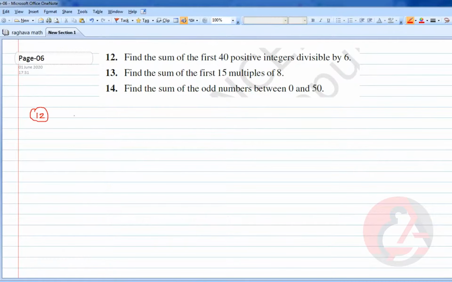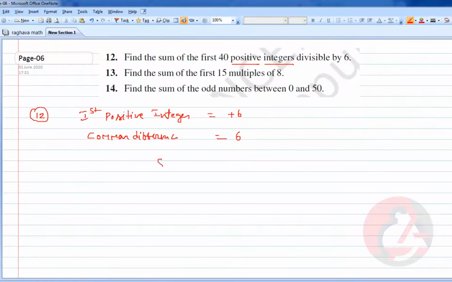First positive integer divisible by 6. 6, sir. Correct. Next positive integer divisible by 6 is 12. Only multiples of 6, because he is saying positive integers divisible by 6. So the common difference is 6.